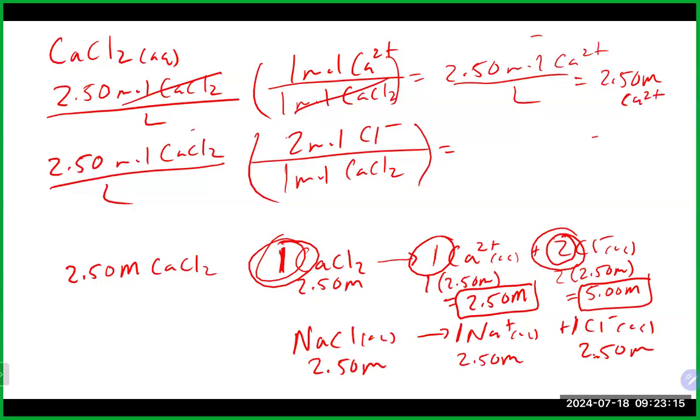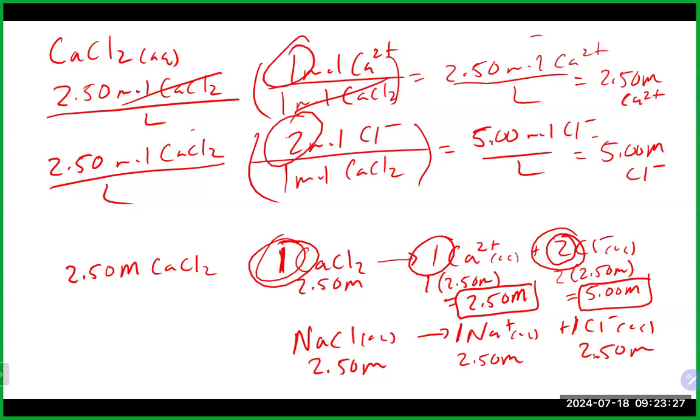That will give us 5 moles of chloride per liter, our 5 molar of chloride. So that is where the 1 and the 2 come from in terms of multiplying by 1 or 2. You're doing the mole-to-mole relationship, and that is just the quicker way of doing it. If it breaks apart into a 1 to 3 relationship, you multiply the concentration by 3, and so forth.